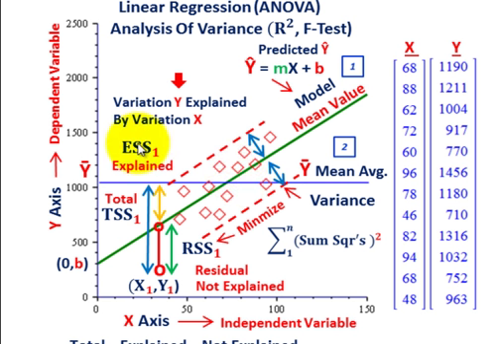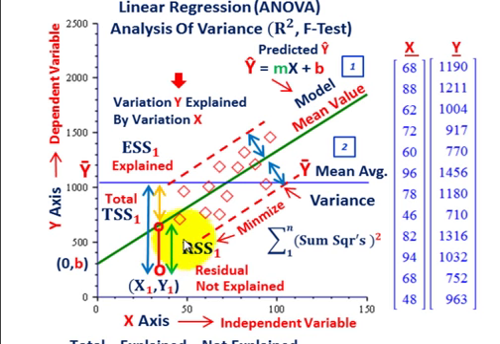The only other value we have to be concerned with is ESS, the explained sums of squares. That's the difference between your y mean average value and whatever the predicted value would have been by your model or your line. So those are the three values we have to deal with: the total sums of squares, and the residual sums of squares shown in green.